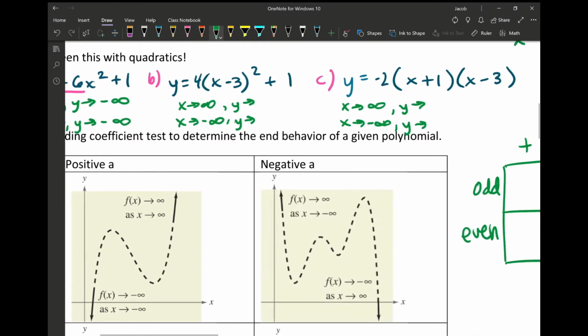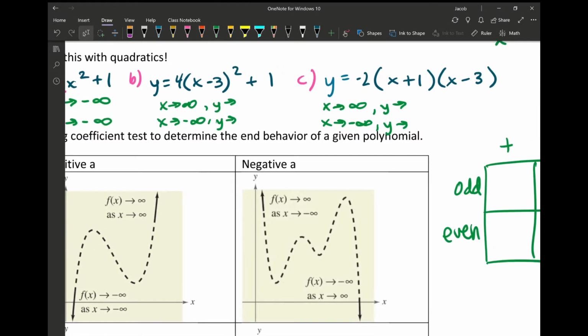In another example, we see vertex form here. If we were to multiply this out, we would get a leading term of 4x squared. So this means our quadratic is facing up, so our y values are going up to infinity.